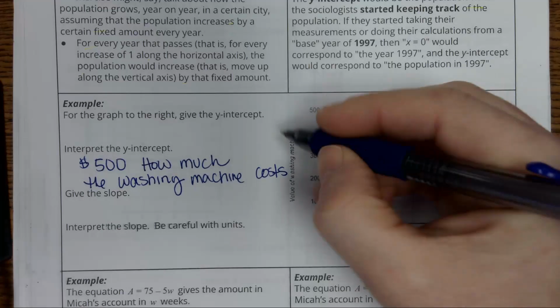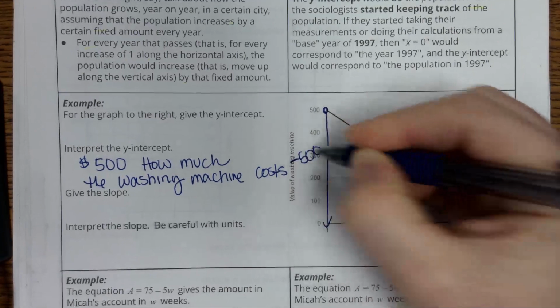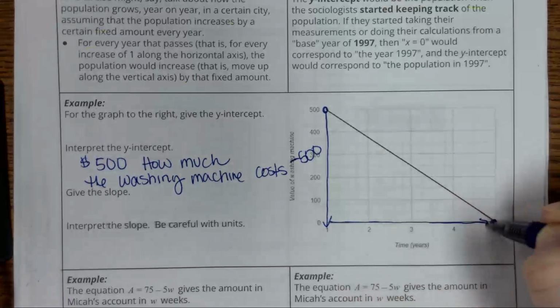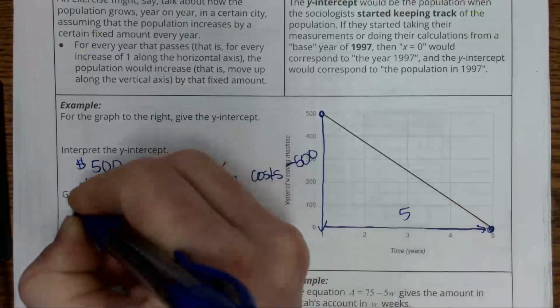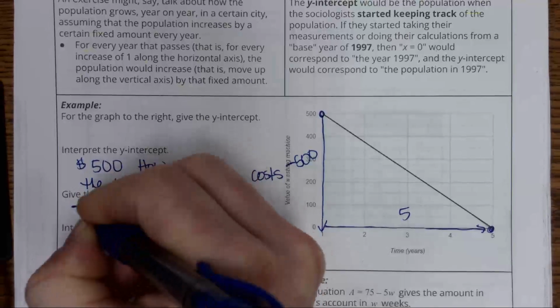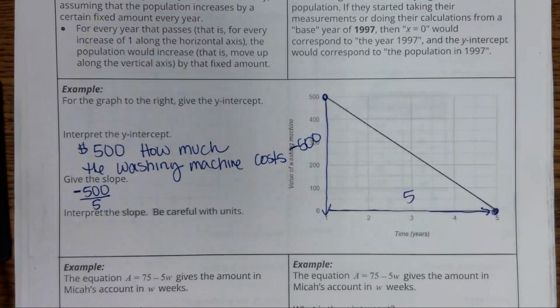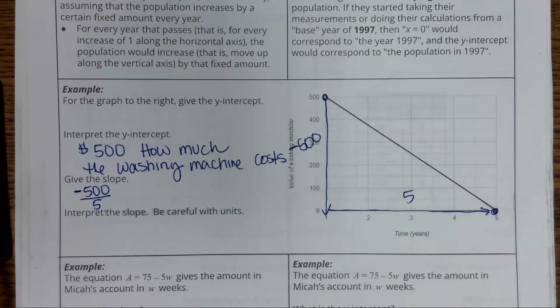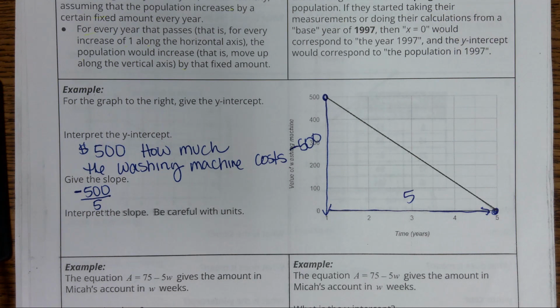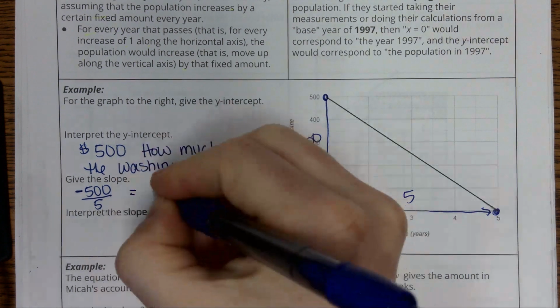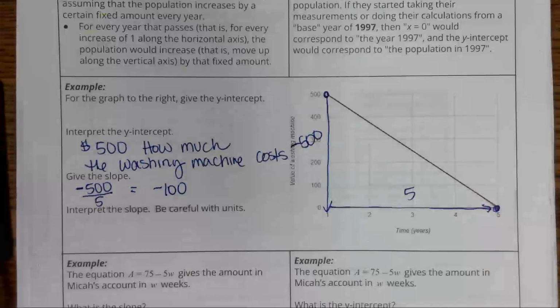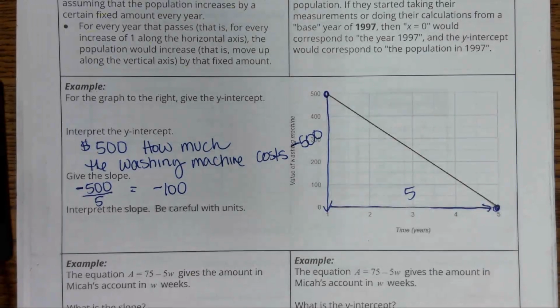Goes down 500 over 5. Okay, let's write that. The slope is negative 500 over 5. Can you divide those two for me? What do you get? Negative 100. Okay, what do you guys think this means?